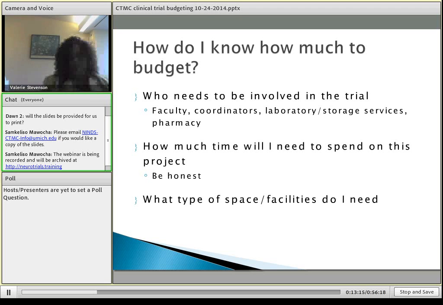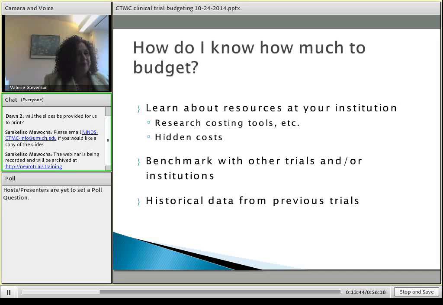Another thing when you're trying to figure out how much to budget is to take advantage of the research tools within your department or your institution. At our institution, we have research costing tools available. We have a clinical research billing unit that people can contact to understand how much a study will cost, because many times there are hidden costs.